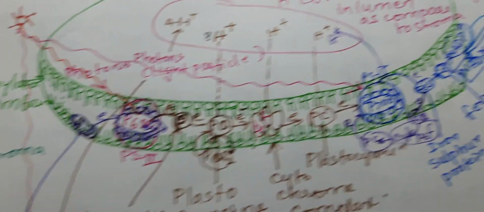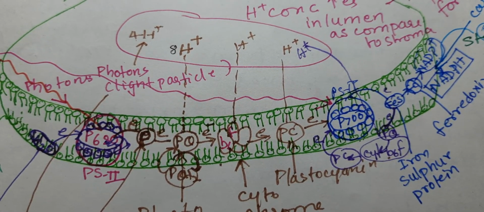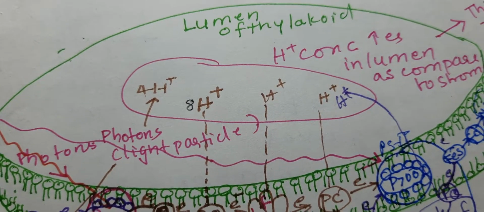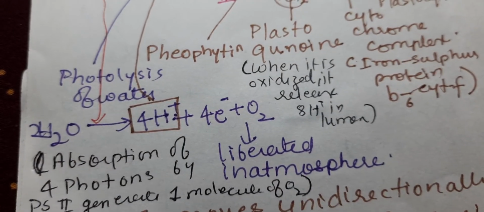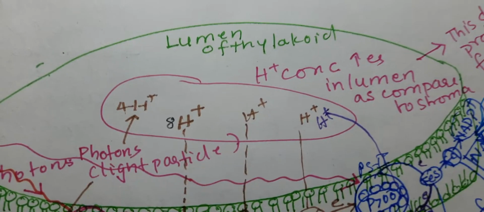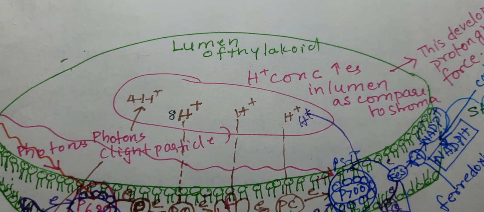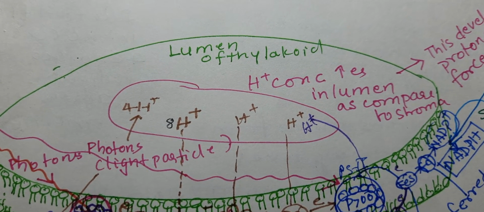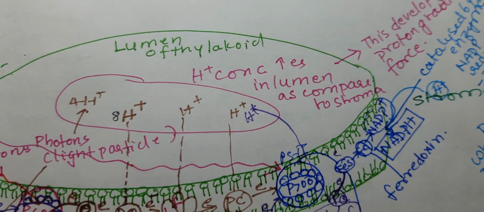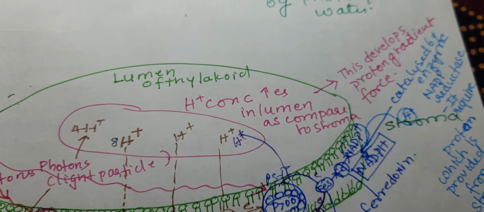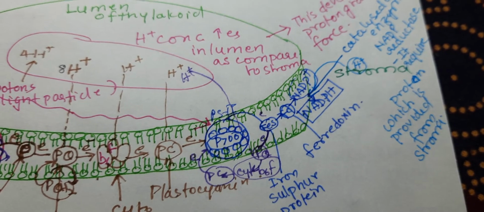Now you can see that during this transfer of electrons, the protons are released into the lumen. Even during the photolysis of water, whatever protons are produced are also released in the lumen. Once they get accumulated, they generate proton motive force, because the concentration of hydrogen increases in the lumen as compared to the stroma.